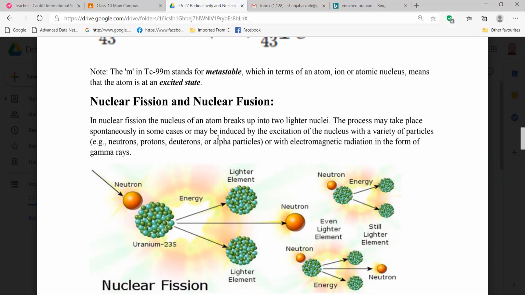Nuclear fission is the breaking down of the nucleus of an atom into two different nuclei, where the heavier nucleus breaks down into lighter nuclei. And nuclear fusion is the making of two lighter nuclei into a heavier nucleus, which is done in the sun. Yes, very good.